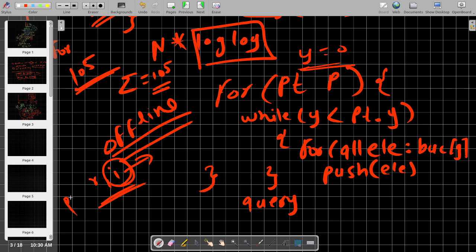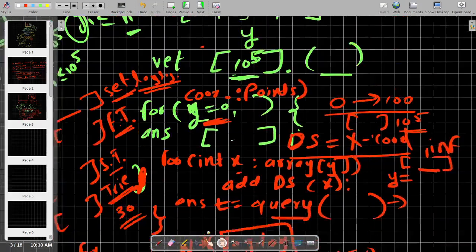We store everything in a pair, and then the query result goes to the mapping of i, which is our answer from the data structure, right?